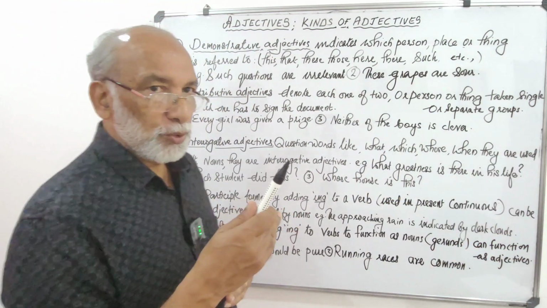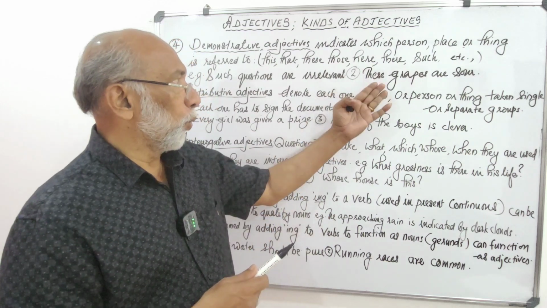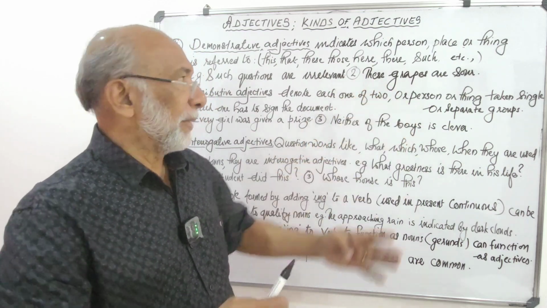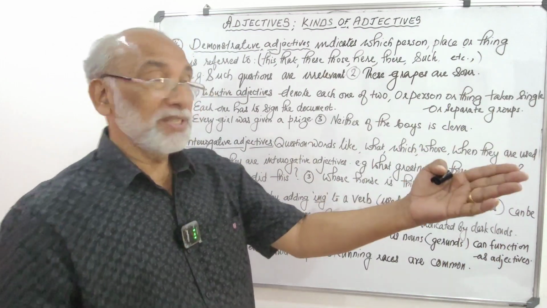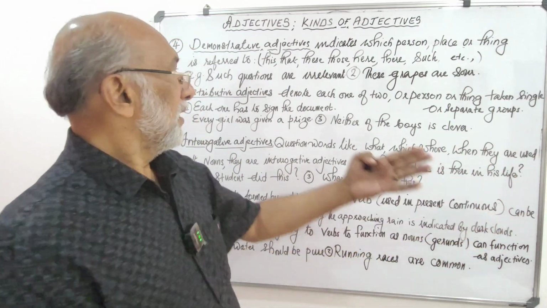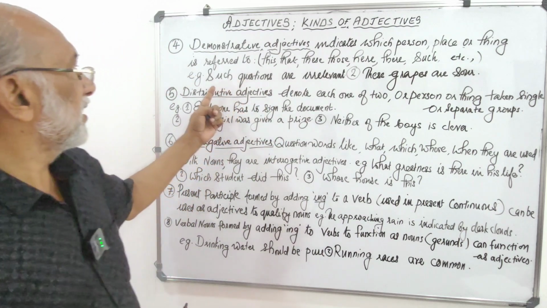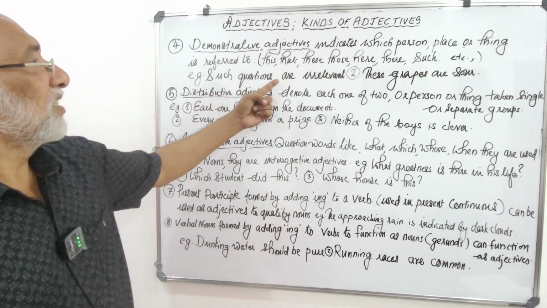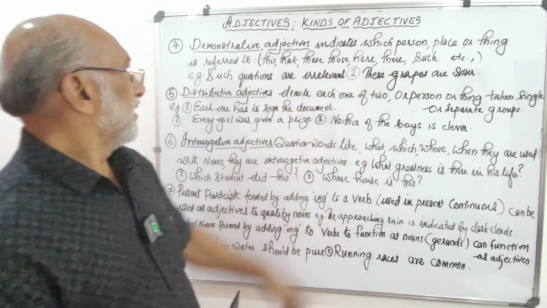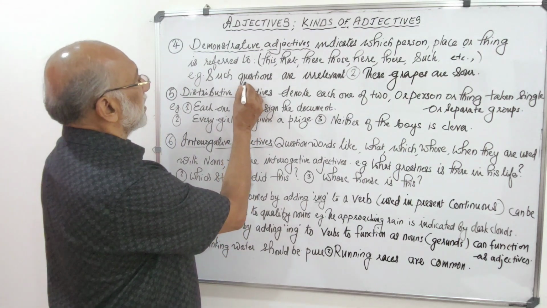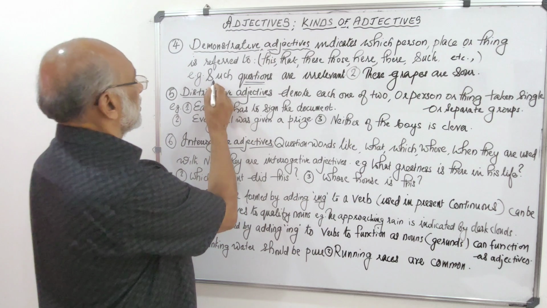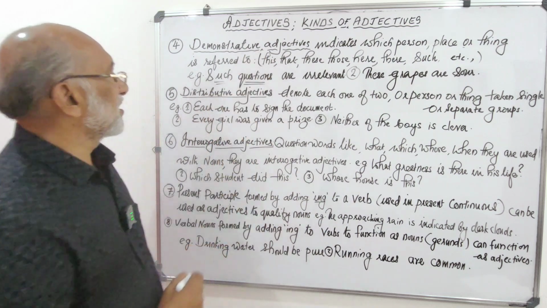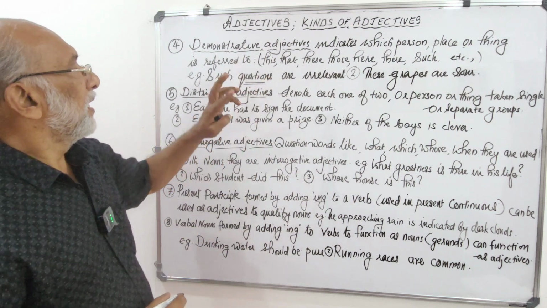And when it comes to plural, it will be these, those. Then regarding place, here comes my friend, there goes the bus. Okay. And coming to the example given here, such questions are irrelevant. That means questions is the noun under consideration and such is the demonstrative adjective there.